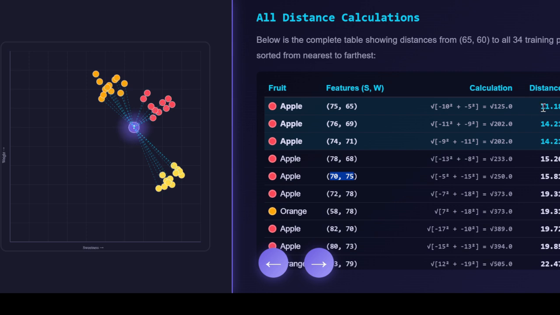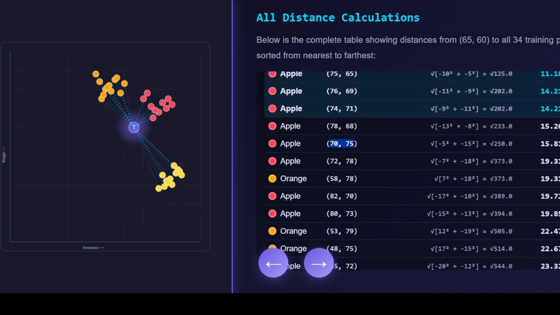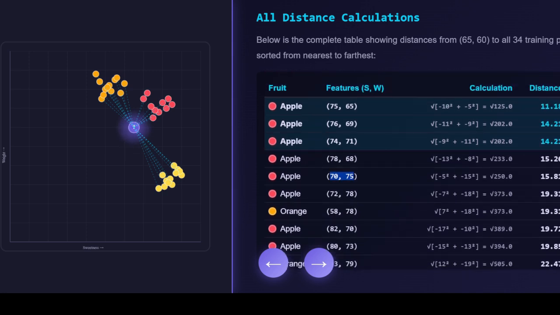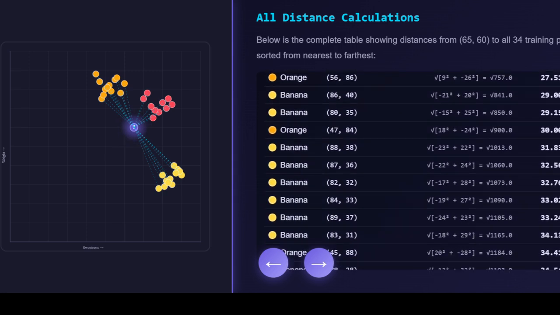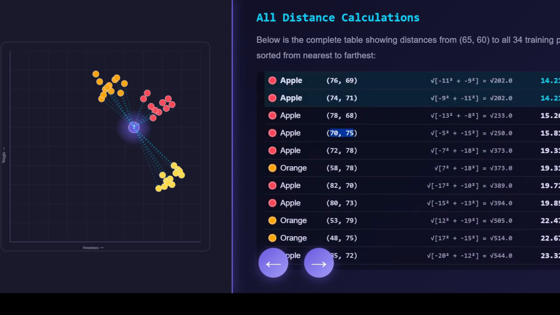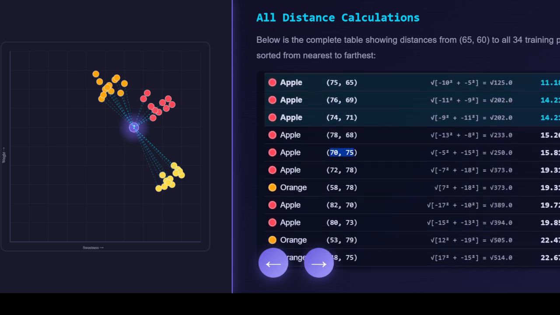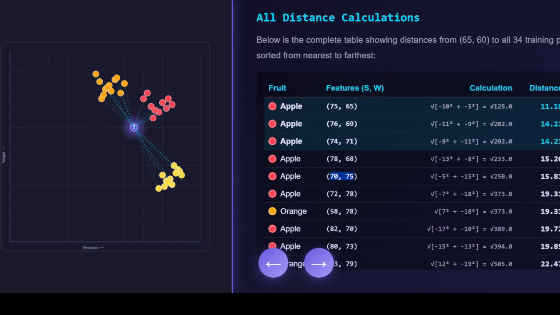So I arranged all these distances in ascending order, from shortest distance to longest distance. The first 3 are the shortest distances, because I considered k equal to 3.